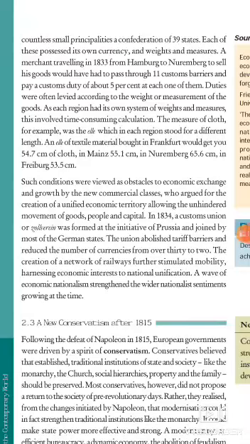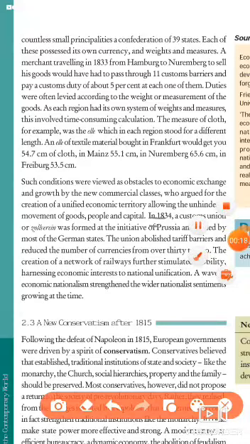To resolve this problem, in 1834, a custom union or Zollverein was formed at the Kingdom of Prussia, and most of the German states also joined this union. The Zollverein is a custom union.